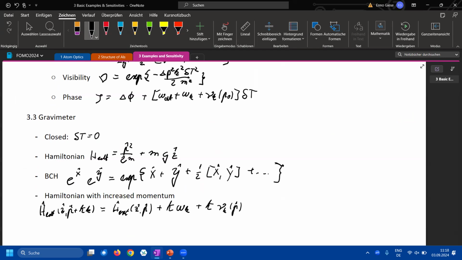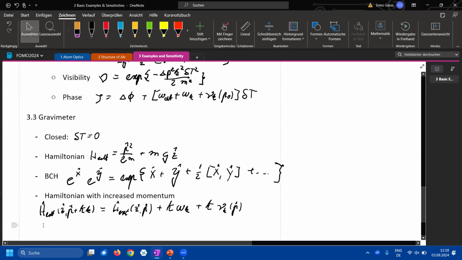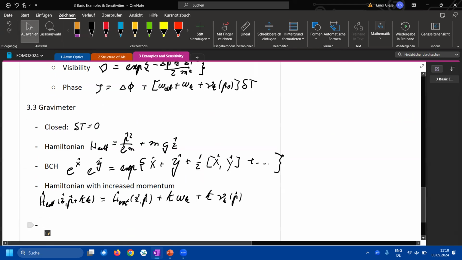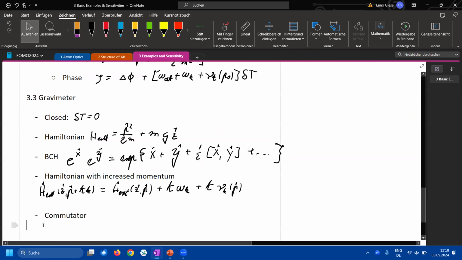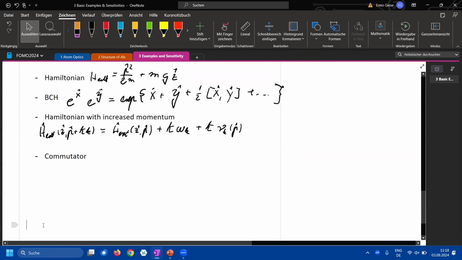Okay, now we have to calculate the overlap operator. And because now all those Hamiltonians do not commute anymore, we cannot as easily merge them into one exponential, but that's what we want to do. So we have to go through Baker-Campbell-Hausdorff. So let's have a look at the commutator. And the commutator is the following.